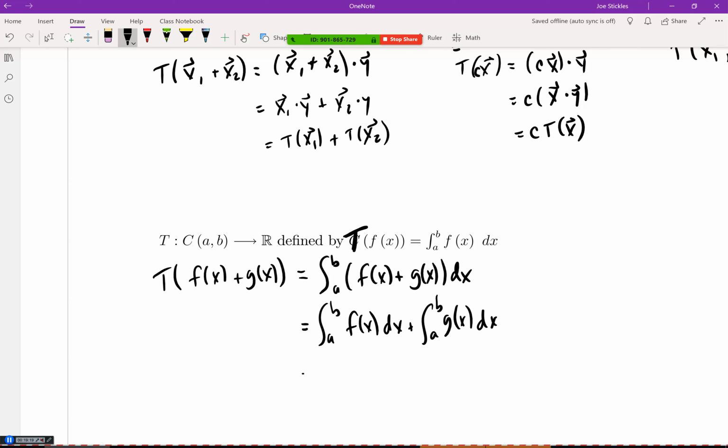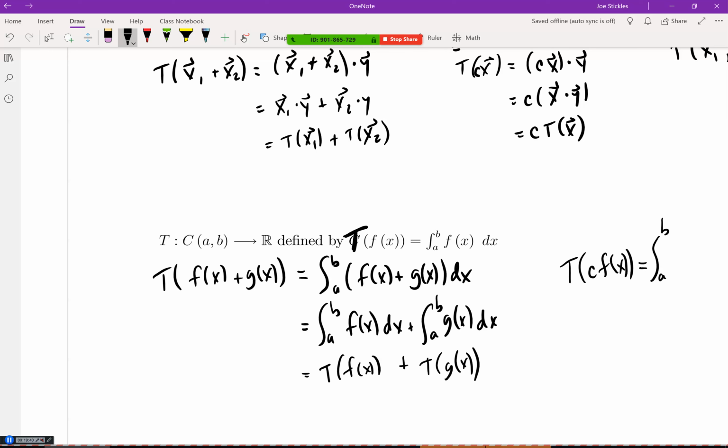And that, of course, then is the transformation applied to the 2 functions individually. Like I said, this is more of a calculus review than anything else.